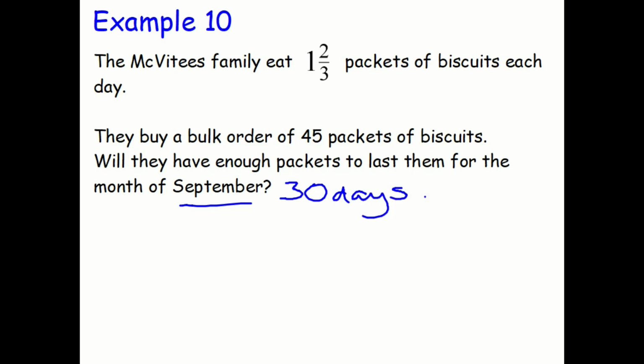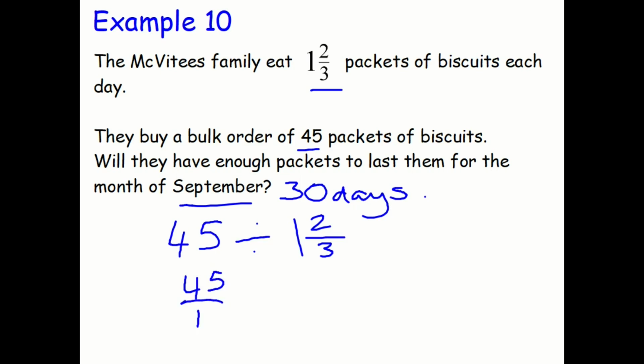So you're basically asking if they buy 45 packets of biscuits, how many 1 2/3 are there in 45? It must be written this way around, 45 divided by 1 2/3, not 1 2/3 divided by 45. So keep, swap, flip. Now, I'm just going to write 1 2/3 over here as 5/3.